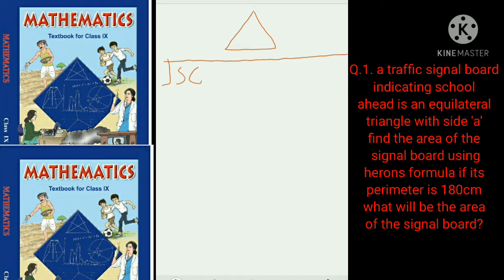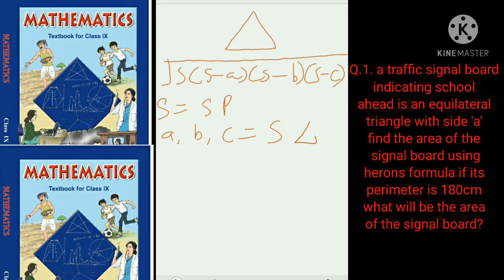I'm going to write it here. Area equals root of s, s minus a, s minus b, and s minus c. This is Heron's formula. Here s stands for semi perimeter, and a, b and c are the sides of the triangle.